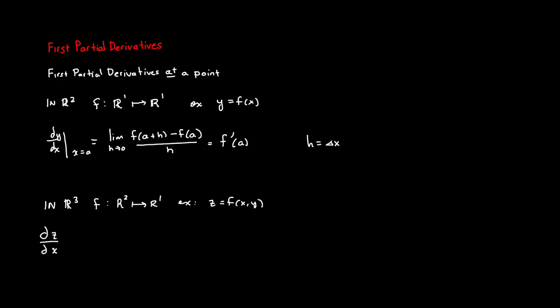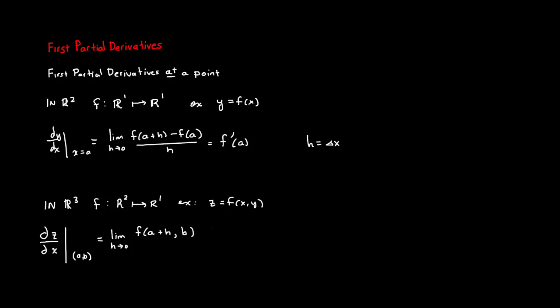We use this notation because the function does not depend only on x. And we're going to calculate the partial derivative at the point (a, b). Since we're doing it with respect to x, we want to see what happens when x changes. So we're going to take the limit as h approaches 0 of f of a. Now, a is like the x-coordinate, and we're going to add to the x-coordinate, but keep the y-coordinate constant.